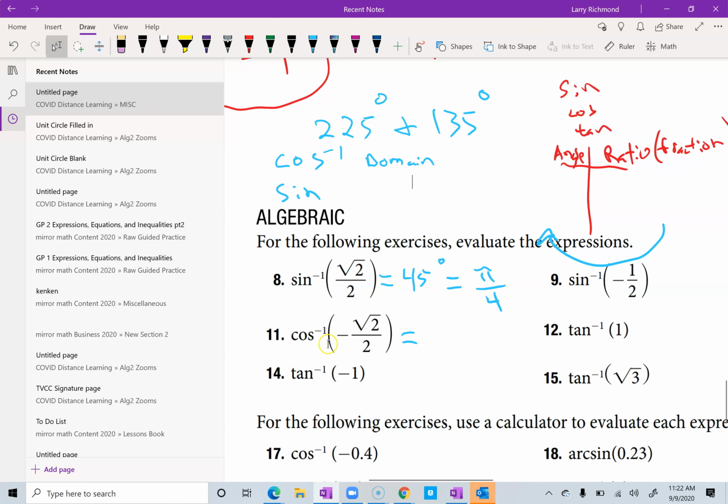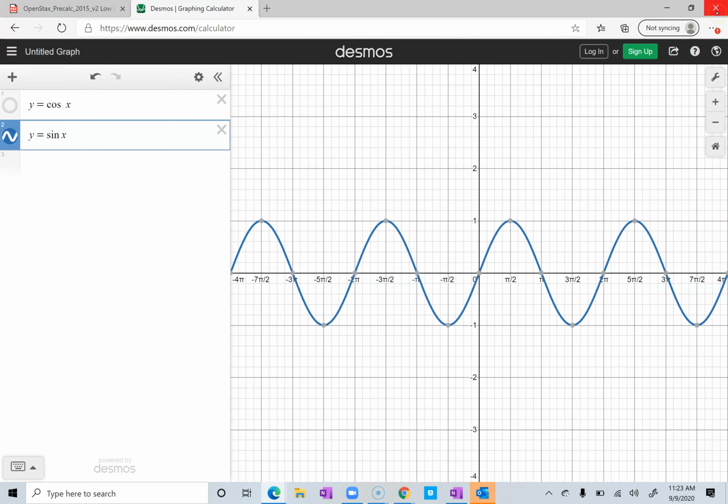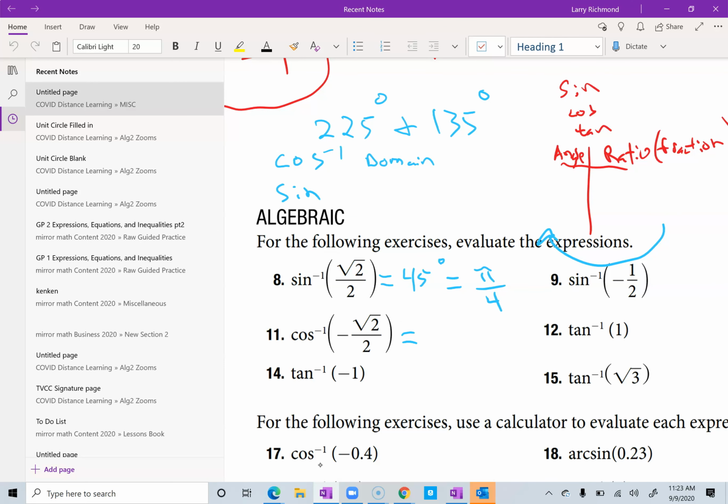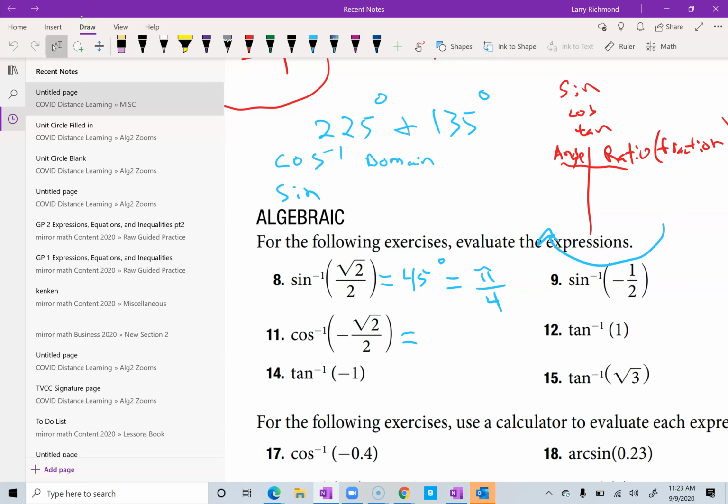I want the inverse cosine of negative square root of 2 over 2. Kirsten has identified that's two different things. It is 225 and it is 135.